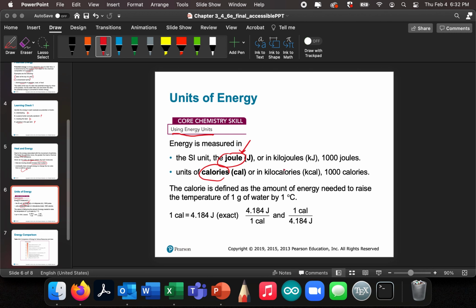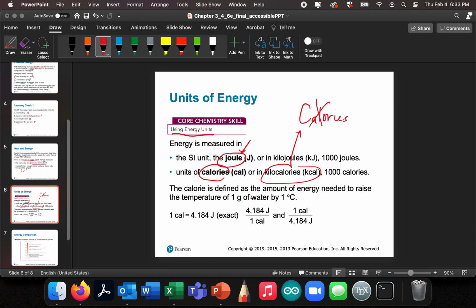So a kilocalorie is usually what we mean by a calorie. When we say a Calorie, we usually say a capital C. How many calories does that piece of turkey have? And we're really talking about kilocalories. Lowercase c, well, I'm not going to use that term in this course, because it's confusing. I'll use kilocalories, and I'll use lowercase c calories, all right? And a kilocalorie, of course, is 1,000 calories.